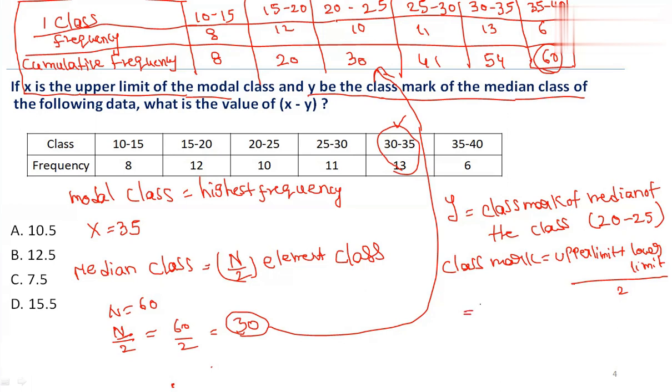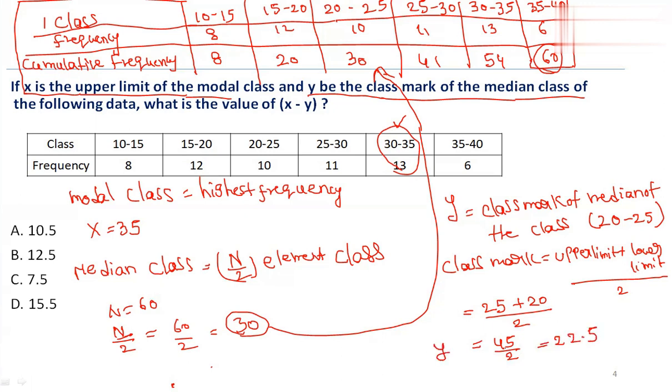What is the upper limit of 20 to 25? It is 25. The lower limit is 20. So 25 plus 20 is 45, and 45 divided by 2 is 22.5.